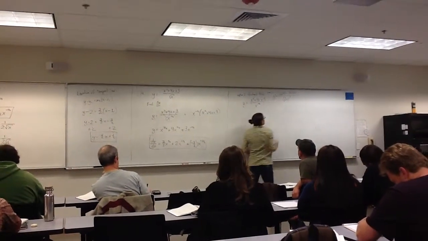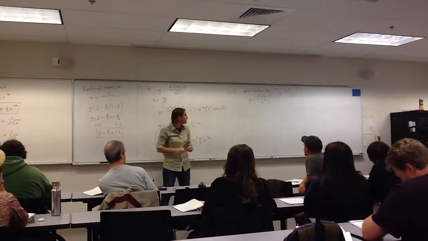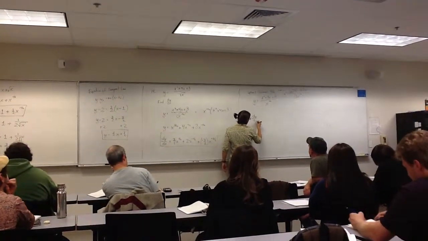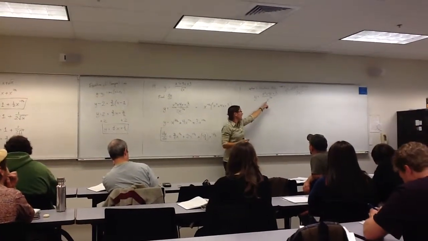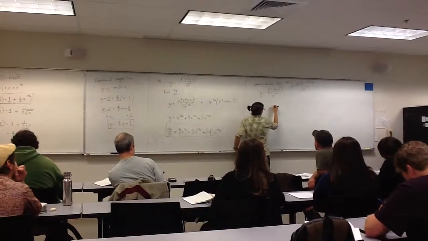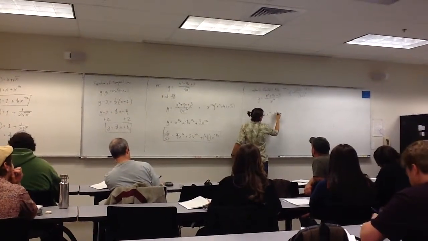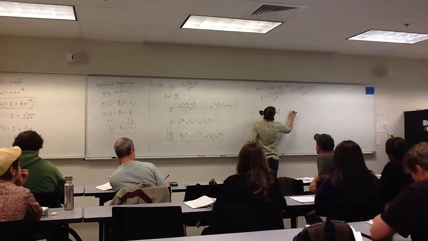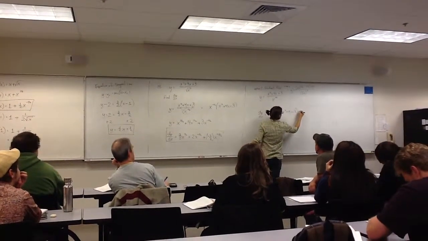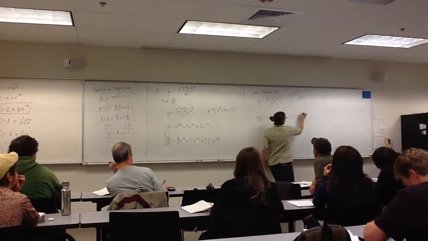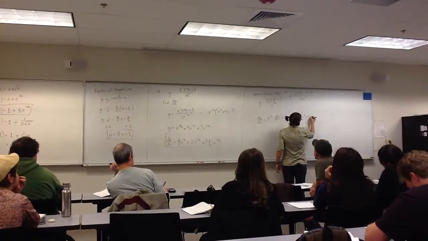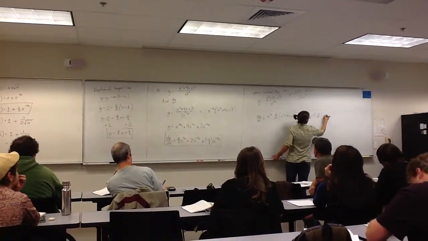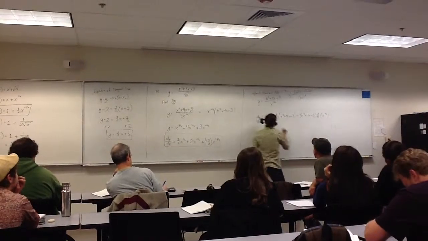So this is my quotient rule. When I write down dy dx, my low is x to the 1/2. So low, I just copy that down, x to the 1/2, times the derivative of x squared plus 4x plus 3, minus high, x squared plus 4x plus 3, times the derivative of the bottom, the derivative of x to the 1/2.